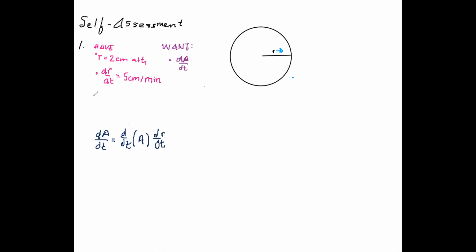So it's pi r squared. Okay. I would start with relating the area to the radius. I would start here so that I can say, I have an area that's changing, I have a radius that's changing, and I have an equation that relates the area to the radius. If my radius goes up by 1, then my area will also increase.